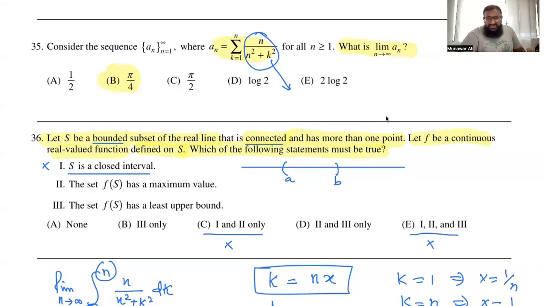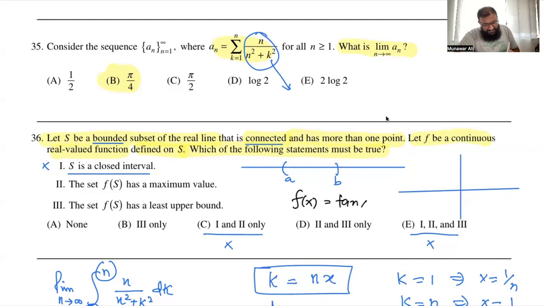So now it says that f of S has a maximum value. For this, let me take an example of the function tan x. The question is, is this function continuous? The answer is yes as well as no, depending upon what your domain is.